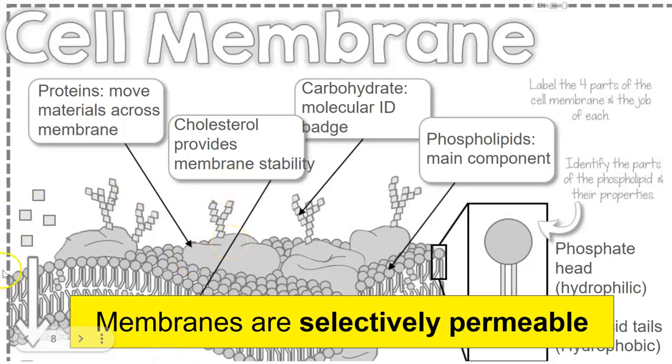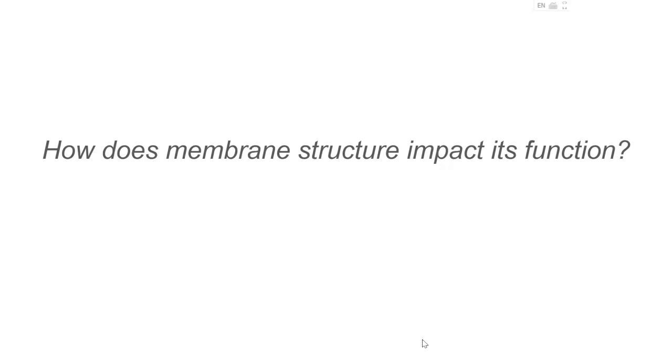Okay, the way that the cell membrane is built allows for it to be selectively permeable, and that is how membrane structure impacts the function of the membrane, which is to control what goes in and out of the cell, right? We have selective proteins that only allow certain things to go by, and we have small spaces between the phospholipid molecules that will allow smaller substances, but not bigger substances, to get in and out of the cell. Okay, so hopefully that helps you answer that question.